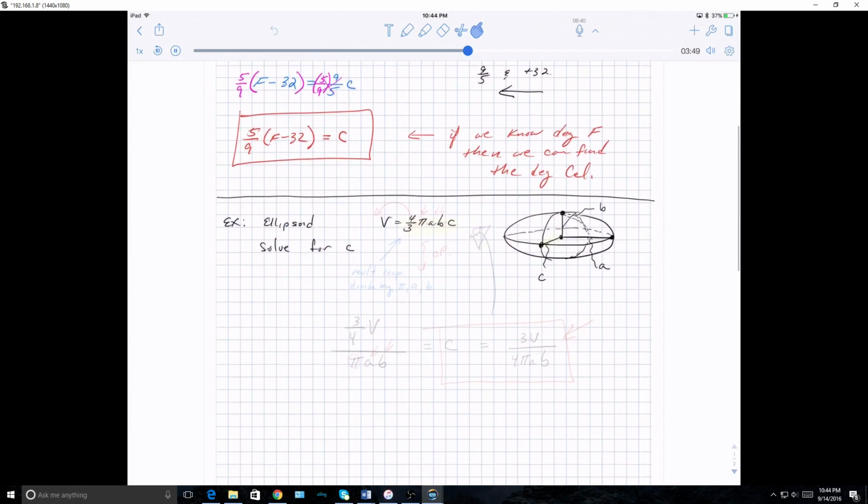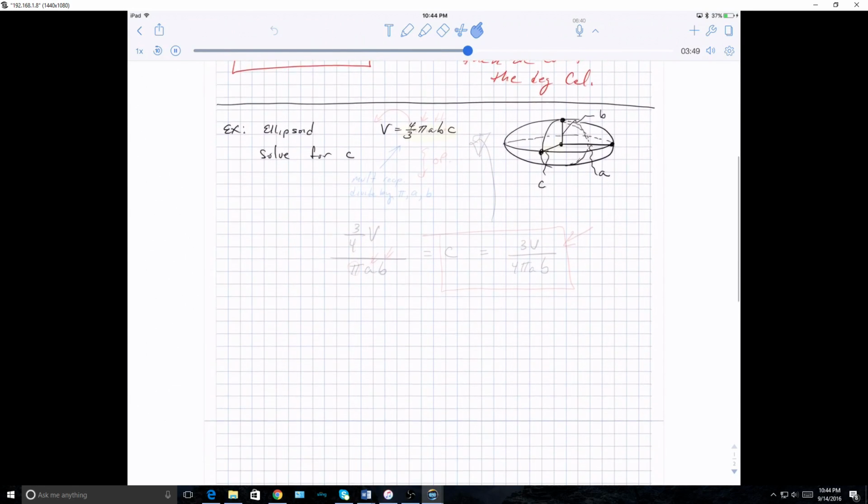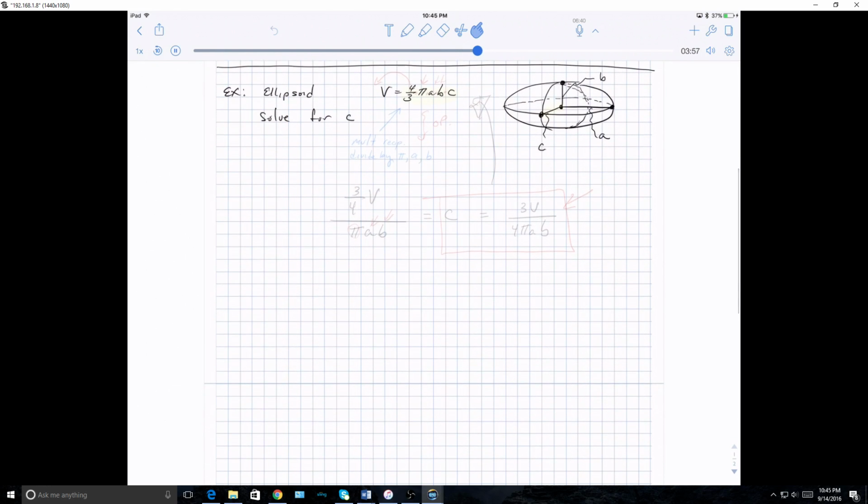So here we have another example, and what we want to do is find this distance C, and we're going to do this completely algebraically, because it doesn't really matter, and you can plug in values as you wish. But if we wanted to solve for C, then all we have to realize is, well, what's going on really right here?